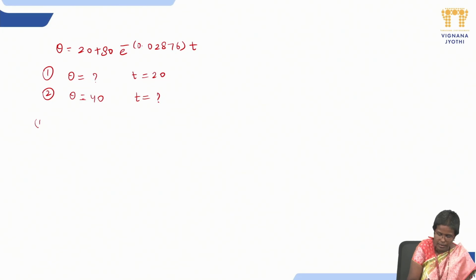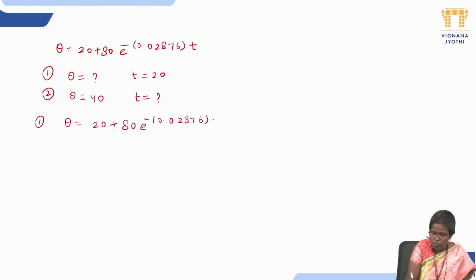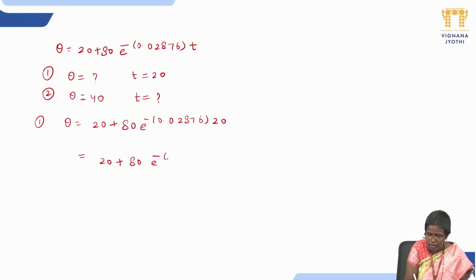Now, first condition. Theta equals 20 plus 80 e power of minus 0.02876 into t, where t is 20. I am multiplying this one into 20.